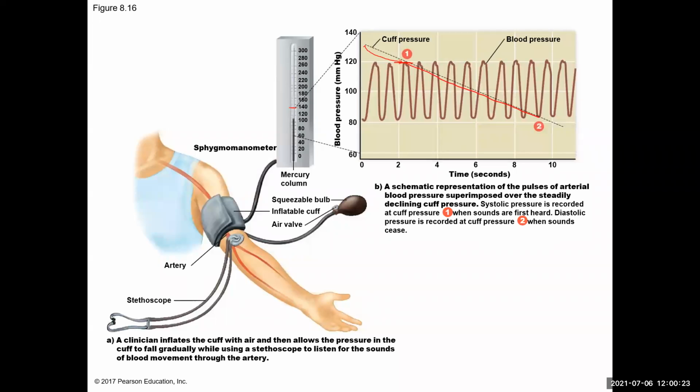So typically that's around 80. Okay? So when you first hear the tick is the highest. When you stop hearing the tick, that is the lowest. And you would record those, and that would tell you your systolic pressure versus your diastolic pressure. Okay?